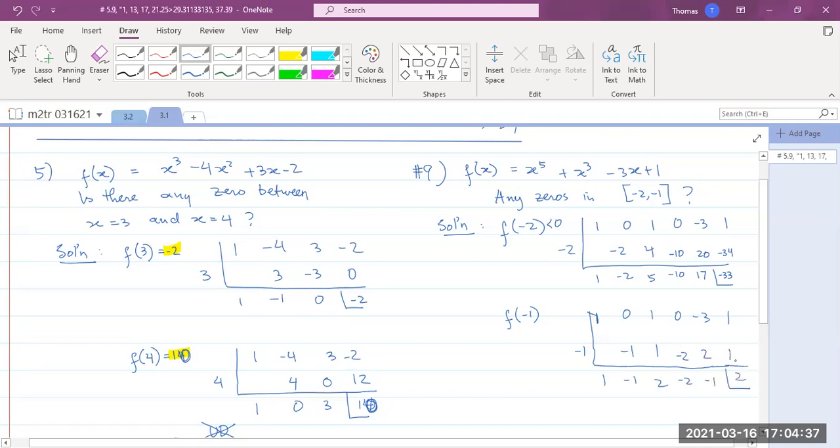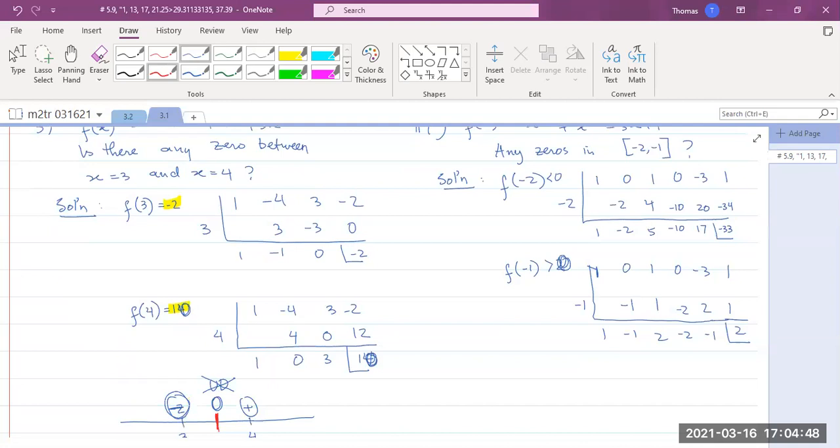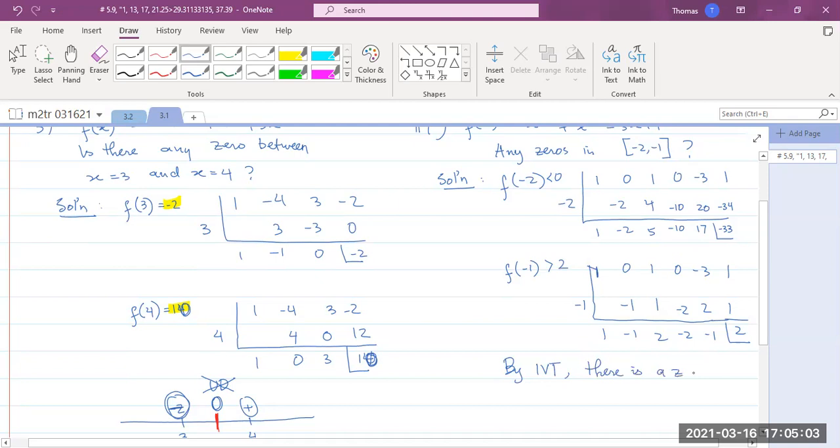So f(-1) is a positive number. Okay, so by intermediate value theorem, there is a zero in that interval -2, -1.